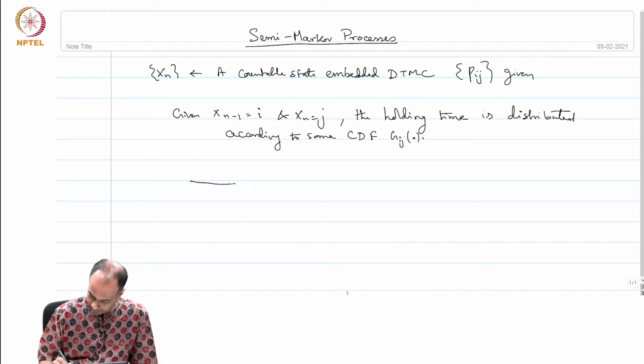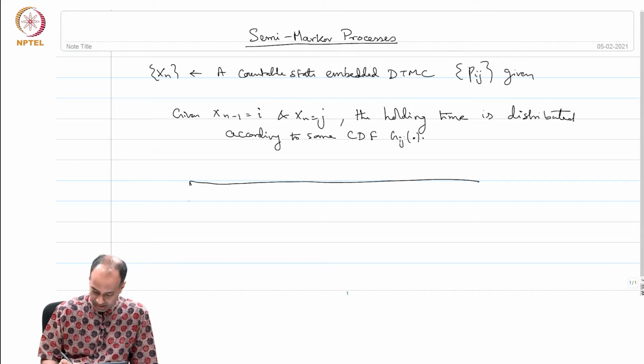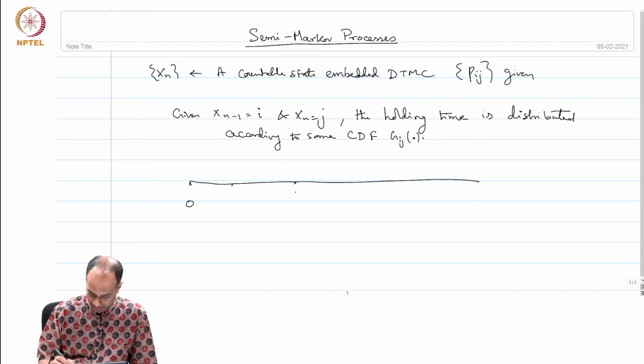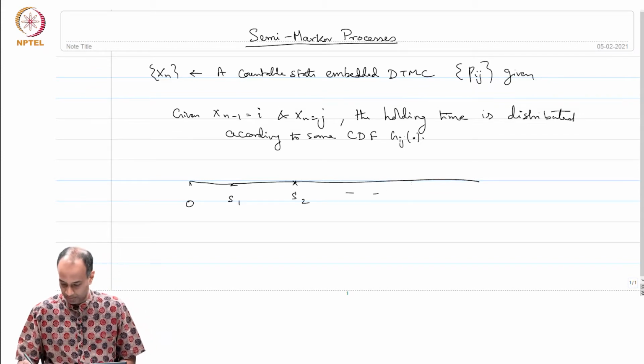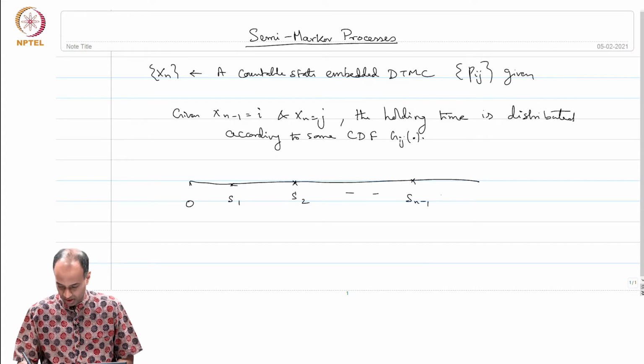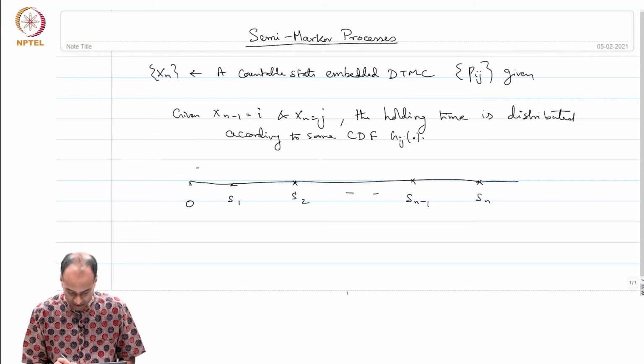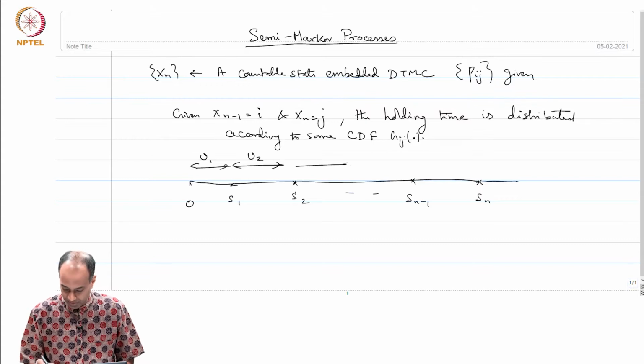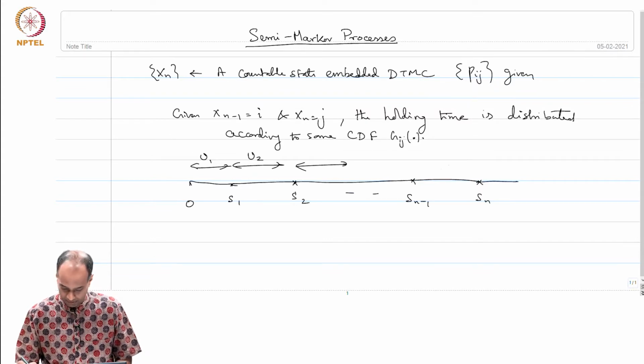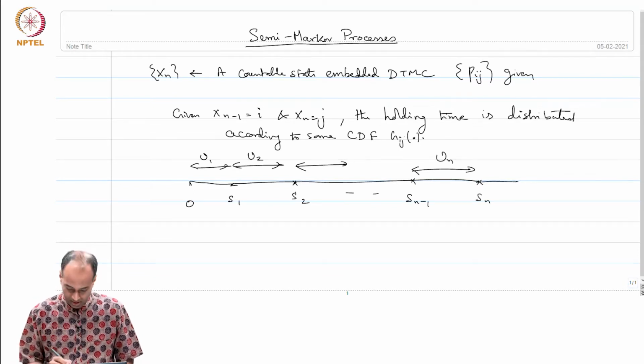So you have, let us say that is time 0, and this is S1 where the first transition occurs, this is S2, dot dot dot, this is Sn minus 1, Sn, and these holding times we will denote by U1, just like in CTMCs, and so on. So this will be Un, all right.